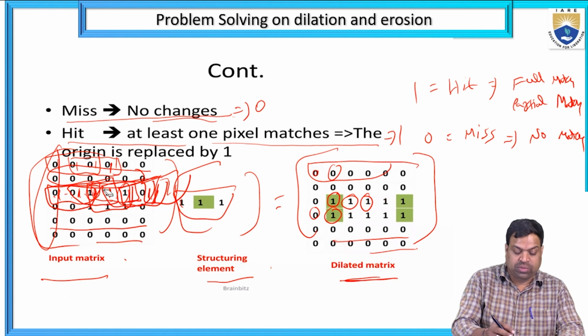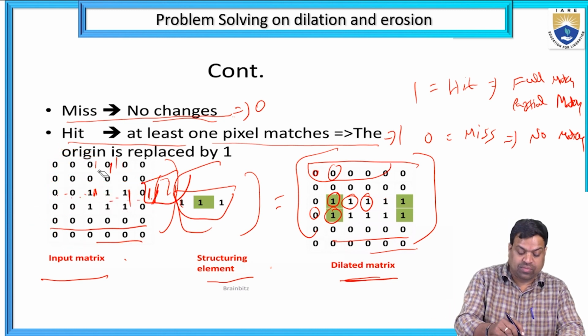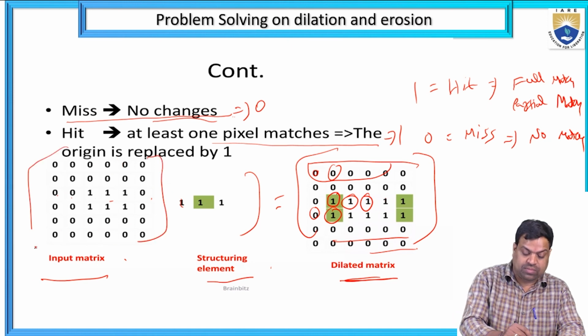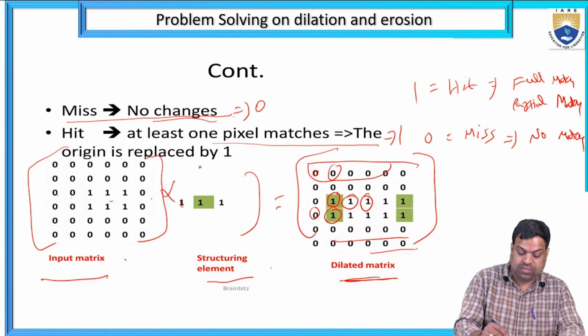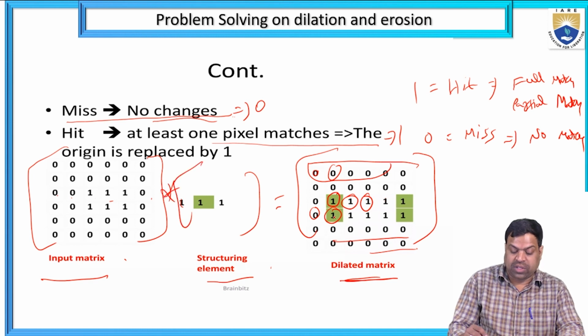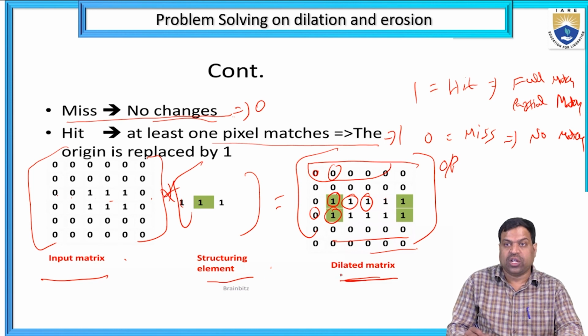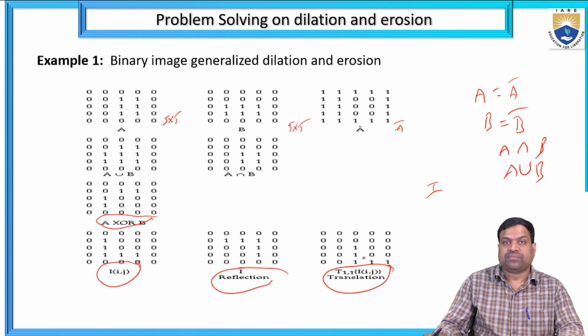This is the input image. Multiplying by the structuring element gives the output image: input matrix, structuring element, and dilated matrix.